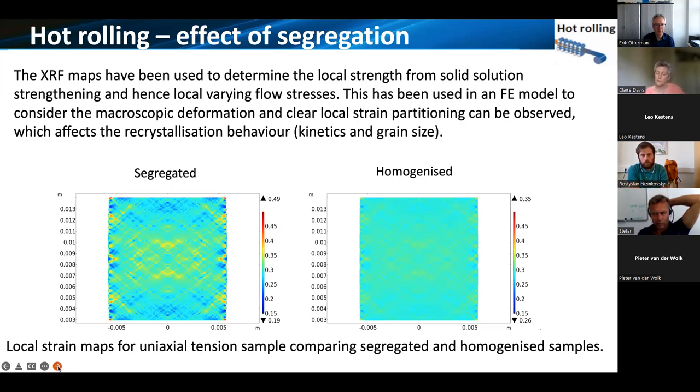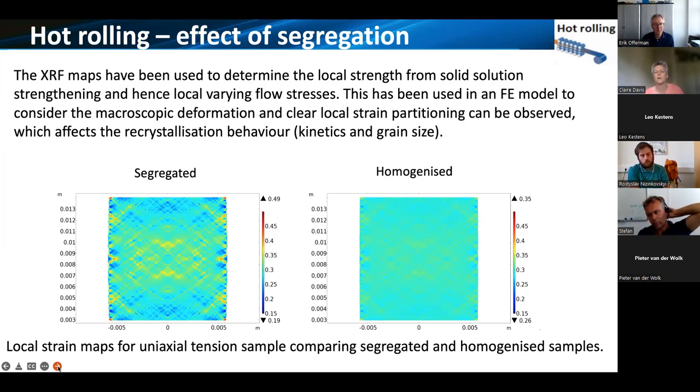Deformed the two, with a more homogeneous composition and the segregated microstructure, to the same strain, to the 0.3 strain, and then plotted out the local strain distribution. And what we can clearly see is, and it's not a surprise, it's what we'd expect, but even for that small difference in local composition for manganese and just solid solution strengthening, you get strain partitioning.